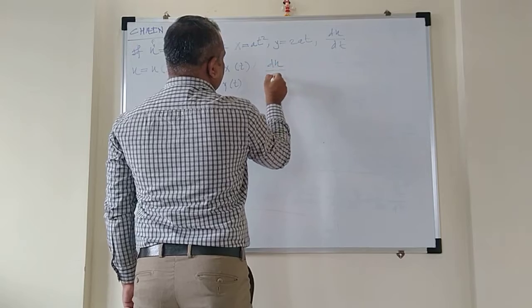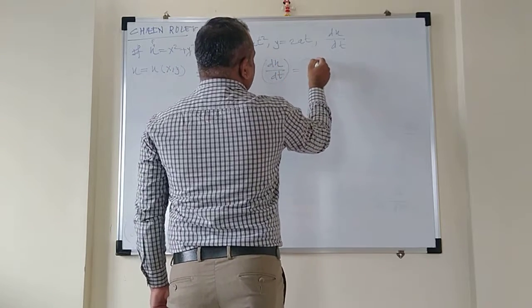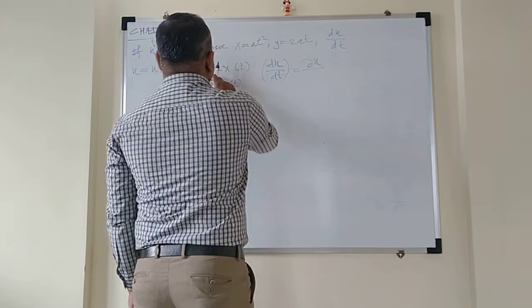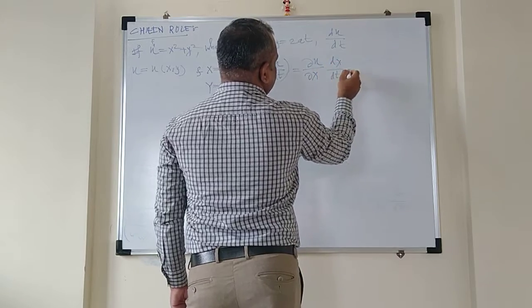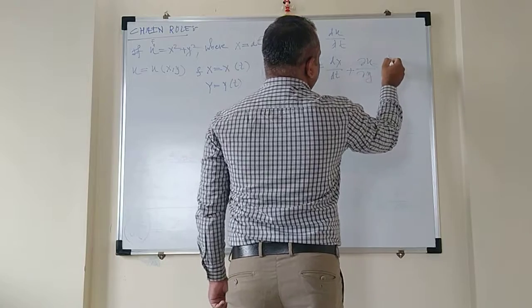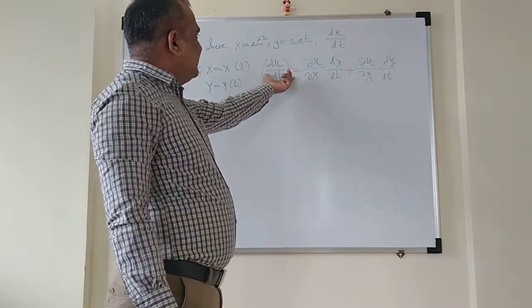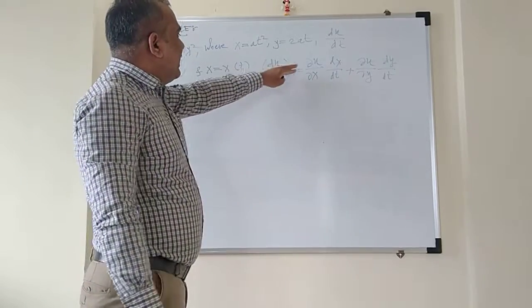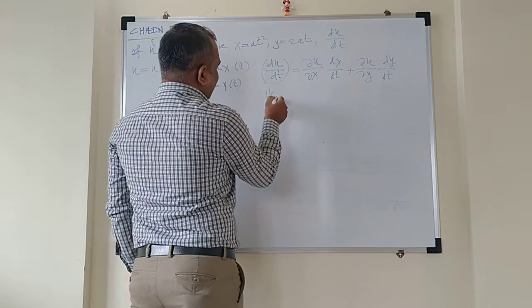You will get du by dt, and this is equal to the partial derivatives of the function, that is dou u by dou x into dx by dt plus dou u by dou y into dy by dt. If this formula is written for the given problem, then the problem becomes simpler. Now you can directly calculate its derivatives and put them into the formula, then you will get the answer.